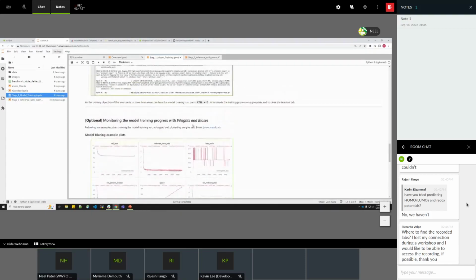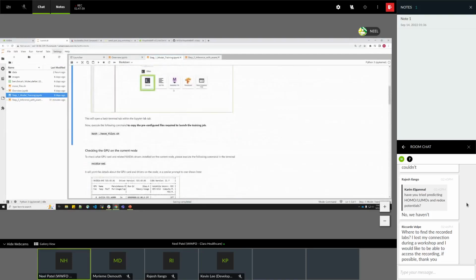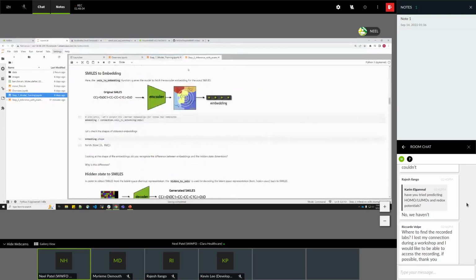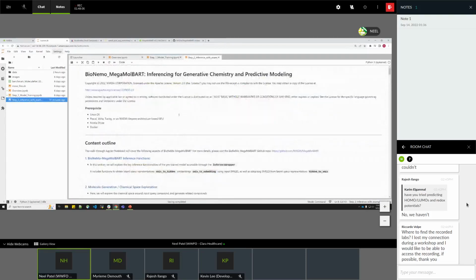Step one includes all those instructions, and step two is where you will find examples for inferencing functionalities, and then we'll perform some generative chemistry and predictive modeling.